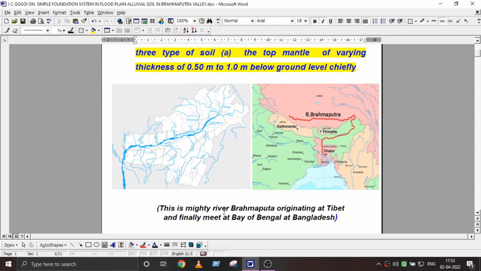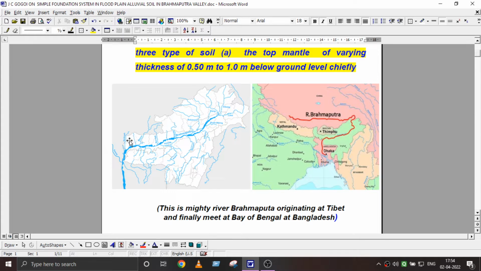This is the mighty river Brahmaputra, which is the longest river of India and third longest river of Asia. In terms of discharge, it is the biggest river of India.